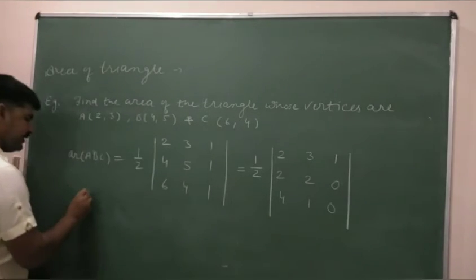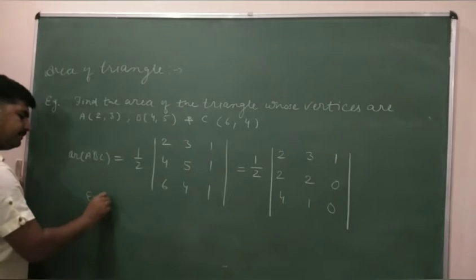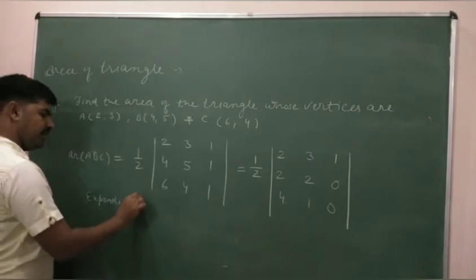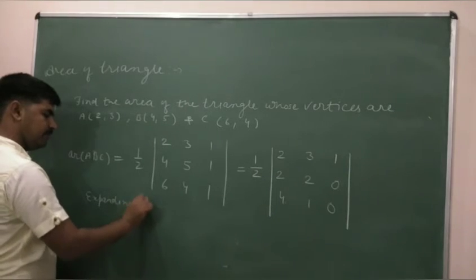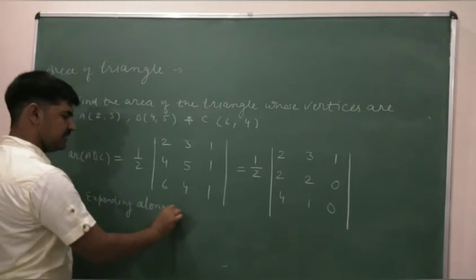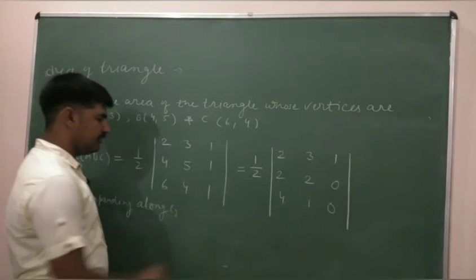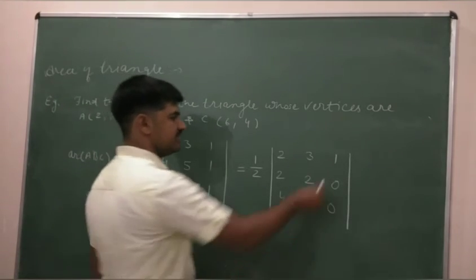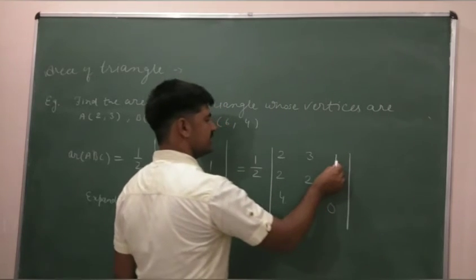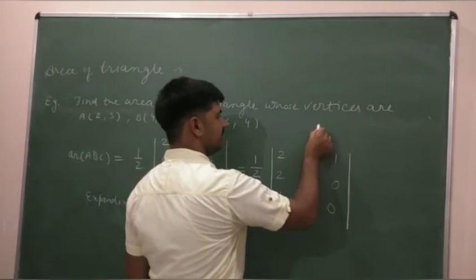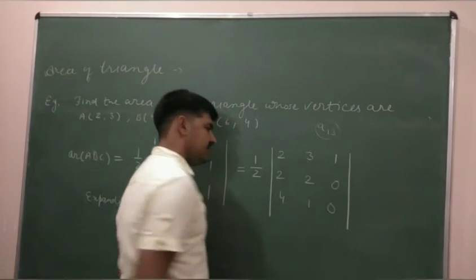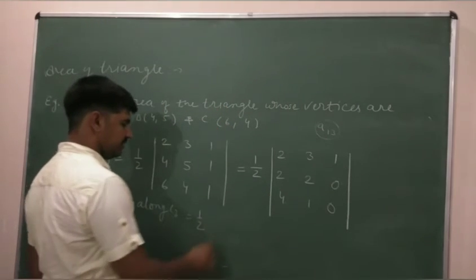Now expanding the determinant along C3, half is out, that I have written here. What is this particular element? This is element A13, so obviously it will be a positive sign.